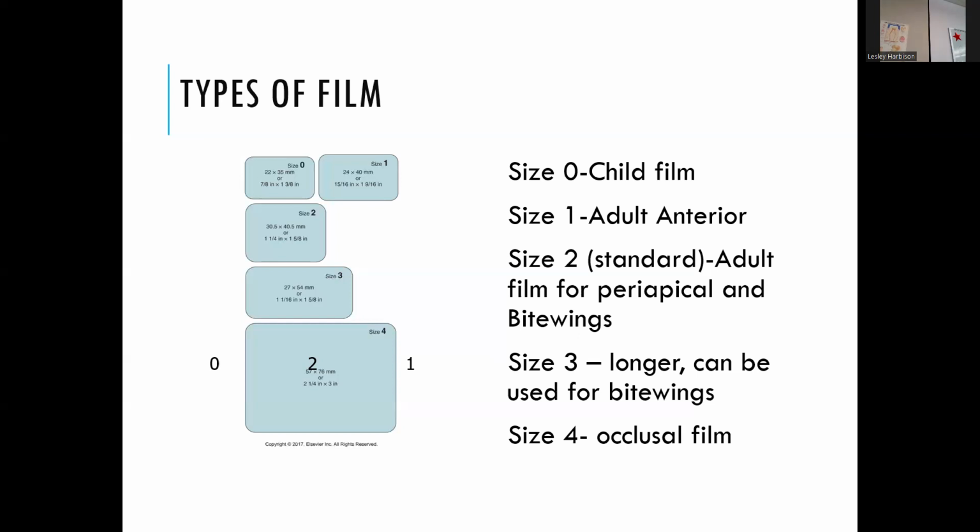The digital sensors, for those of you who haven't used these before, aren't huge, and they have nice rounded corners. There are a lot of things about the digital sensor that make it easier to use on almost everybody. But for small kids, they do still have a smaller child size.